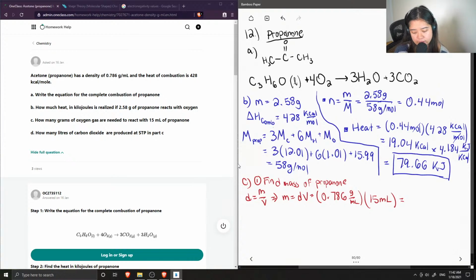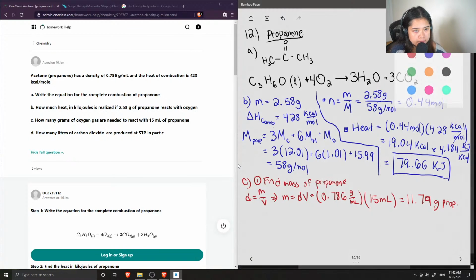So this gives us a mass of 11.79 grams of propanone. I'm going to do it in a different color just so that it's more organized.